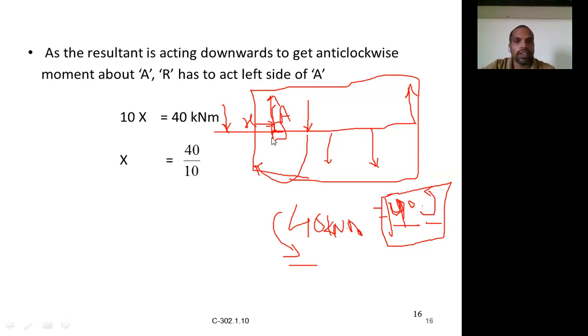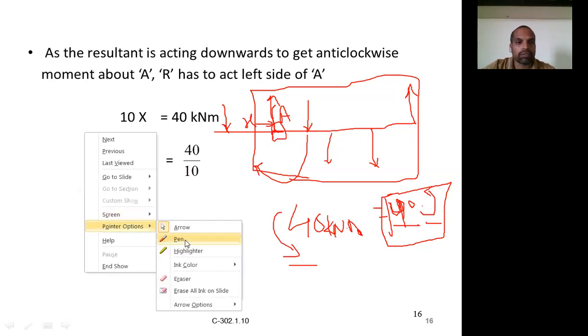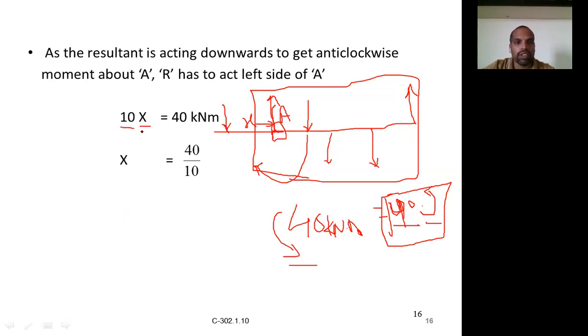So what is the moment of the resultant? Already we know the resultant is 10 kilonewtons, and the distance is x. About this point A, moment is equal to 10 into x, force into perpendicular distance. So 10 into x is equal to 40 kilonewton meter.